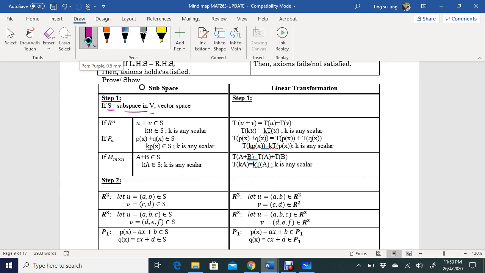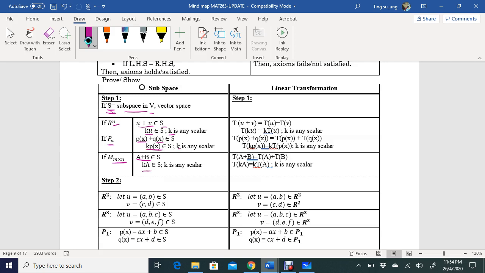If this is about 2 or 3 dimensions, you have u plus v an element of S, because I already put S as a subspace in V. Then ku, where k is any scalar. If polynomial, p(x) plus q(x), and kp(x), where k is any scalar. If any size of matrix, capital letters A and B, so A plus B and kA.